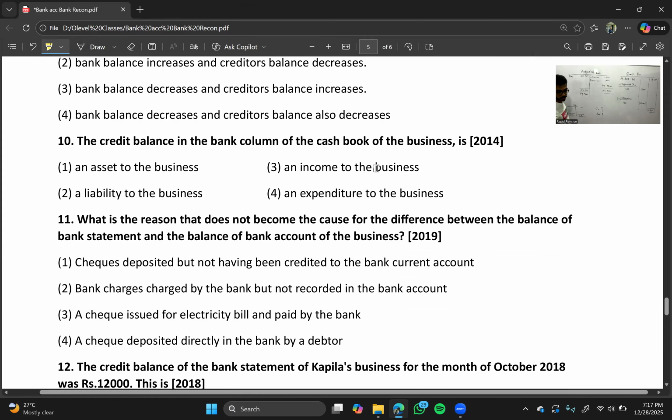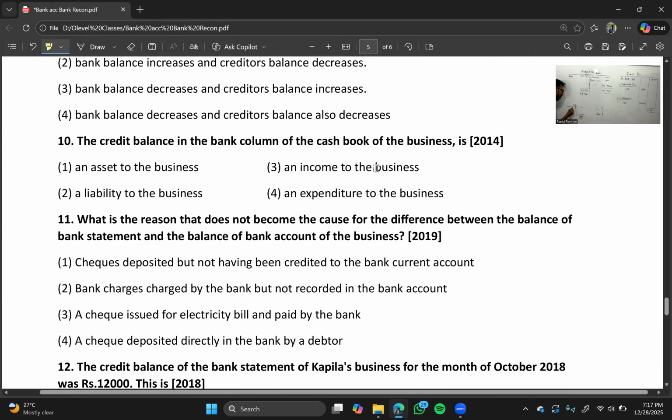That means like this. Now there's a credit balance, right? This is the balance brought forward for the next month. The cash book again.